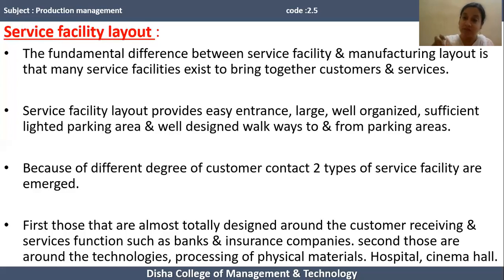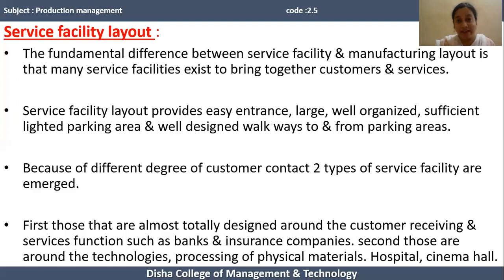Means in a service providing organization, the organization gathers customers and services in a particular area. But in a manufacturing organization, the product is produced before the consumption. At a particular time the product is produced, and after some time the product is sent to the market for consumption.